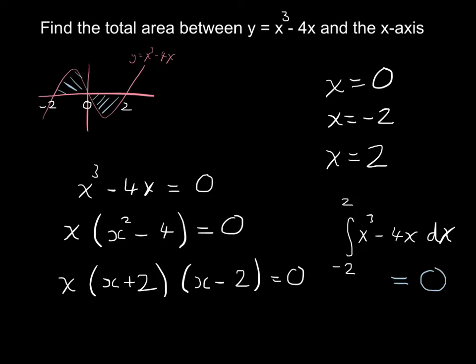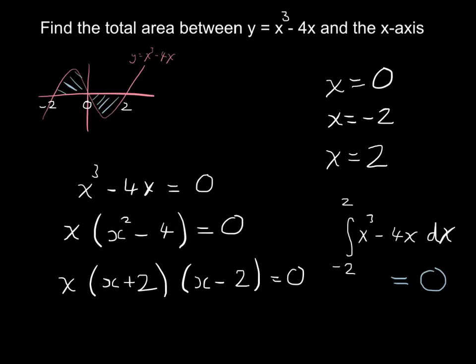But clearly, looking at our graph, the area is not 0. And you can probably guess what's happened. This area below the x-axis, which is a negative area, has cancelled out the area above the x-axis, which is a positive area. So we can't do this straight integration if we want to find the total area between the graph and the x-axis.